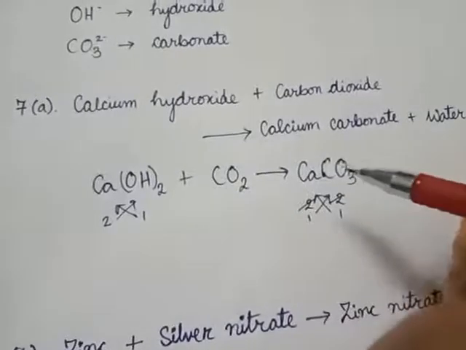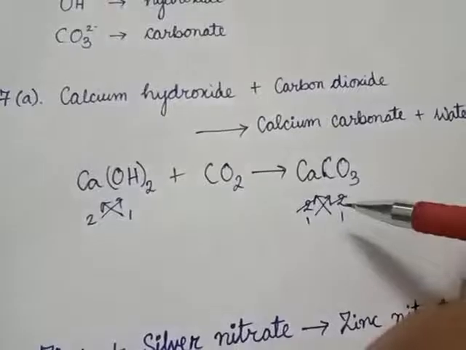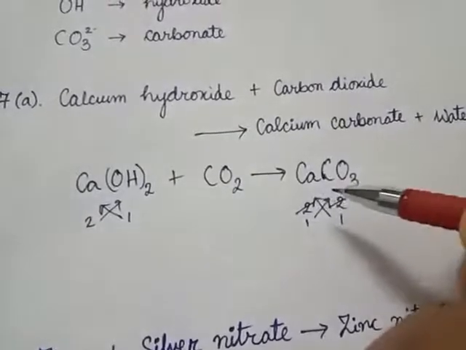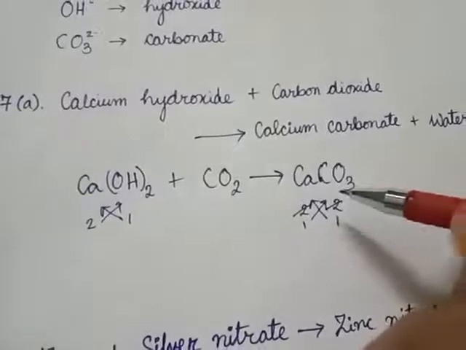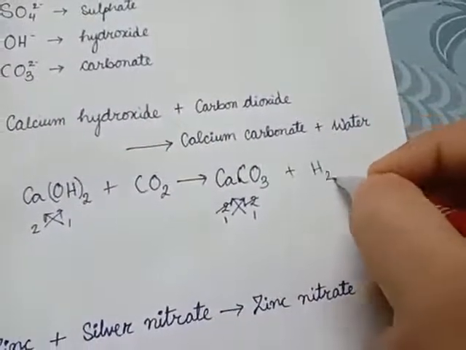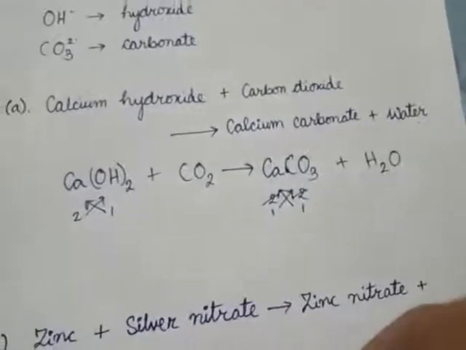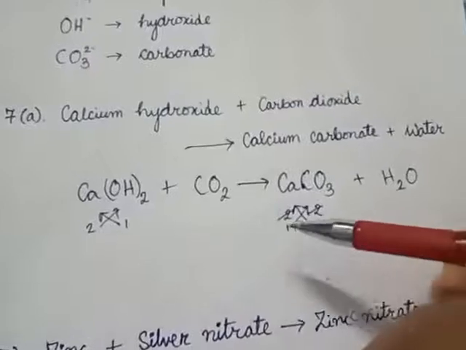Since it is left as 1 and 1, 1 unit of each is sufficient to satisfy each other. So the formula of calcium carbonate is CaCO3, plus water is H2O. In the exam we don't have to write this part.